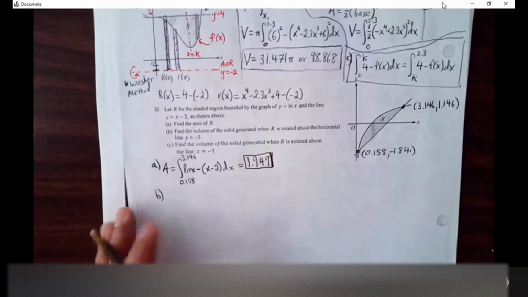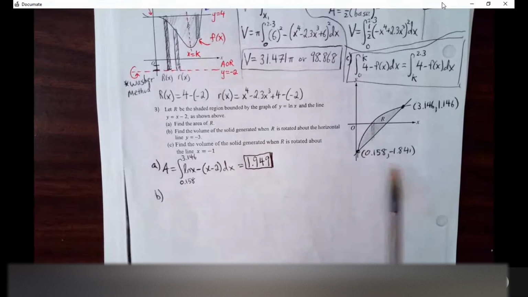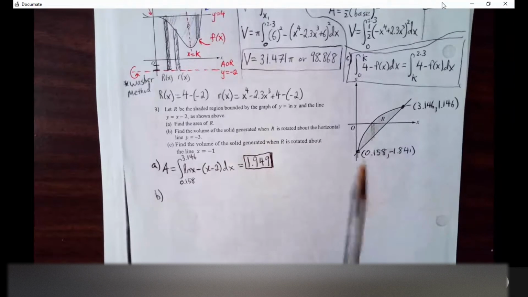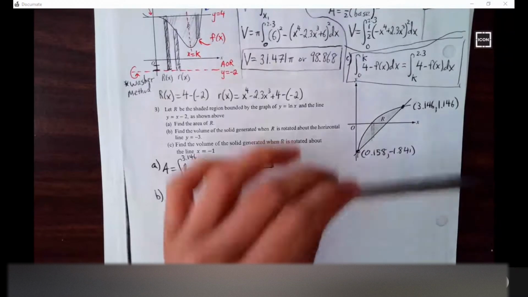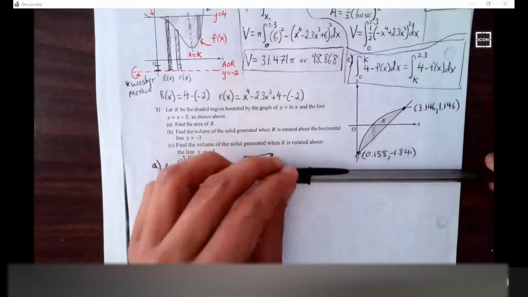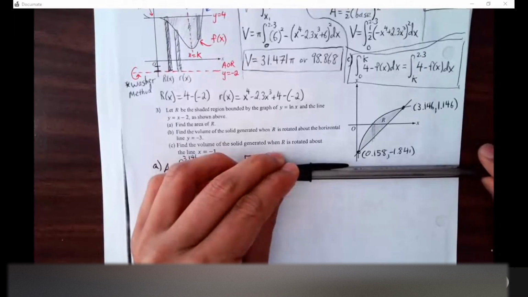Okay, part B, find the volume of the solid generated when region R is rotated about the horizontal line y equals -3. So we see that the bottom of this graph is at -1.8. So we know -3 is going to be somewhere further below that point. So we're expecting a washer method, right? There's a gap. We need to draw 2 radii. So I'm going to put the diagram here. I'm going to save this diagram for part C here.